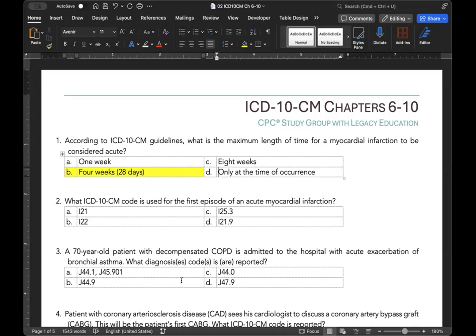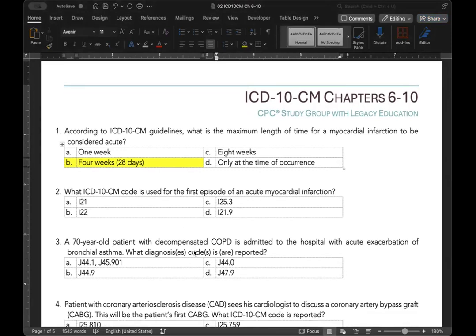Okay. So for number 2, what ICD-10-CM code is going to be used to report the first episode of an acute myocardial infarction? How would we look this up? What's our main term we're going to look up in the alphabetic index? Infarction.